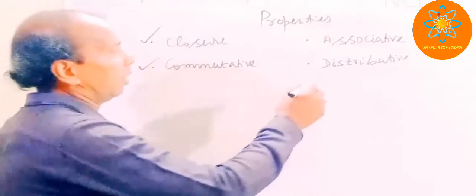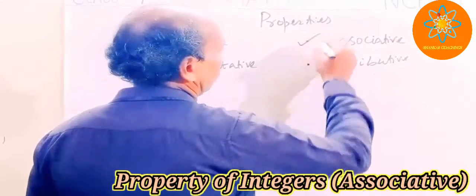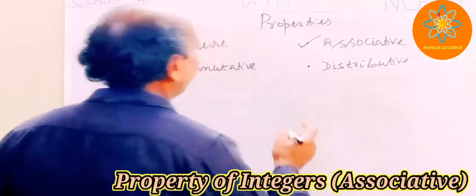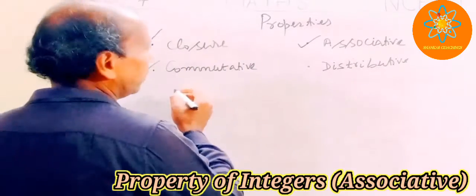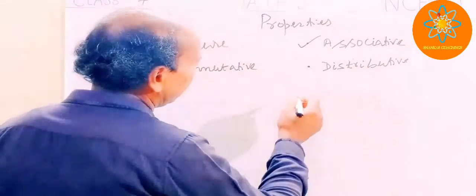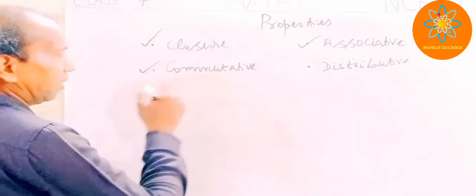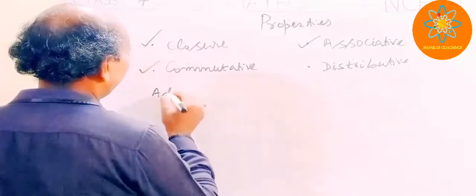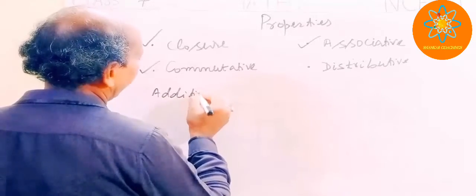Now the case of the associative property. For the associative case, again we will discuss the case of addition, multiplication, division and subtraction. So let us take the first case, addition.